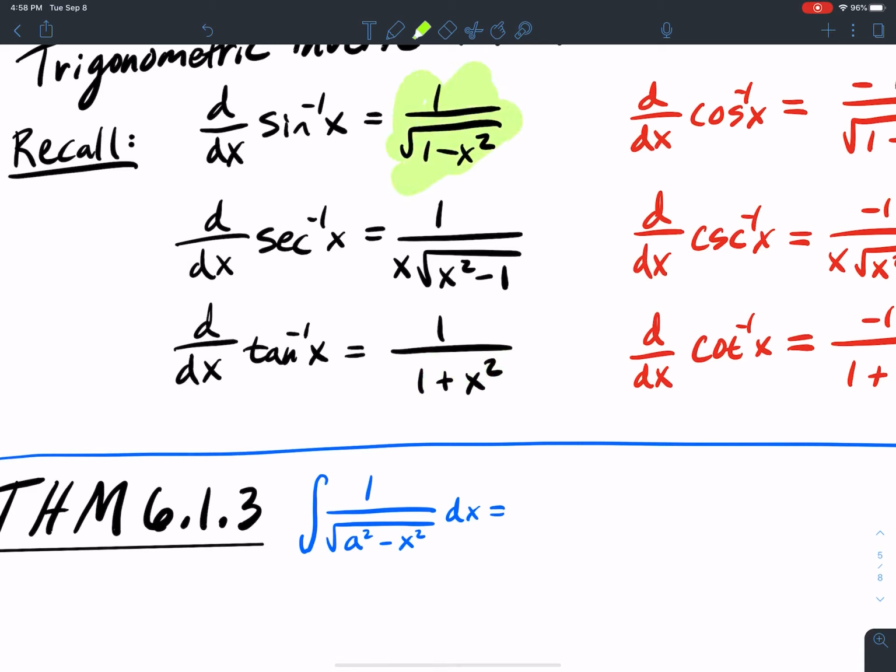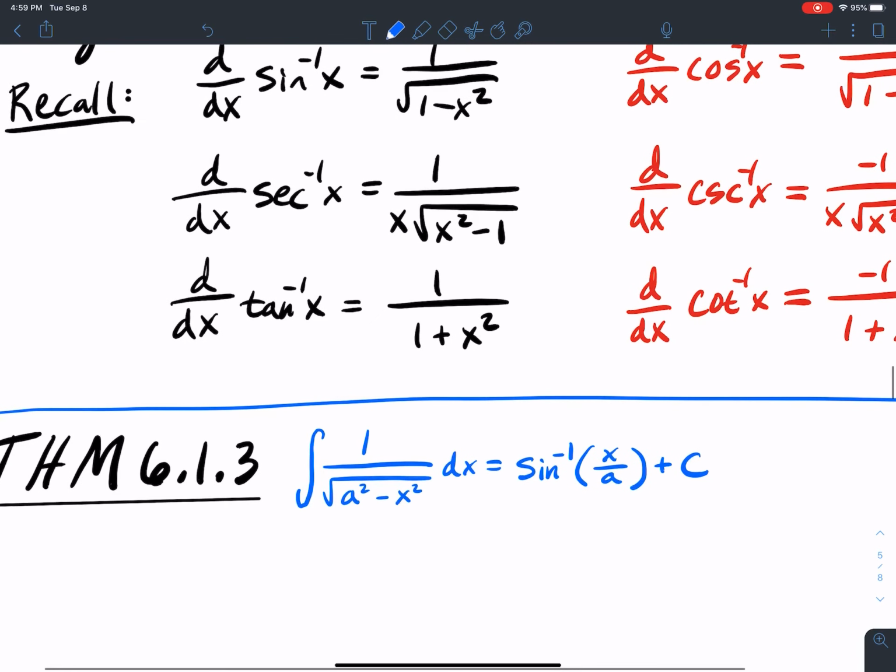So it's really got to match up with this one. You guessed it, the integral of this has to deal with the sine inverse, but there's a difference here, and there's an a here. So I have the sine inverse of x over a, plus c. That a factor comes into play.